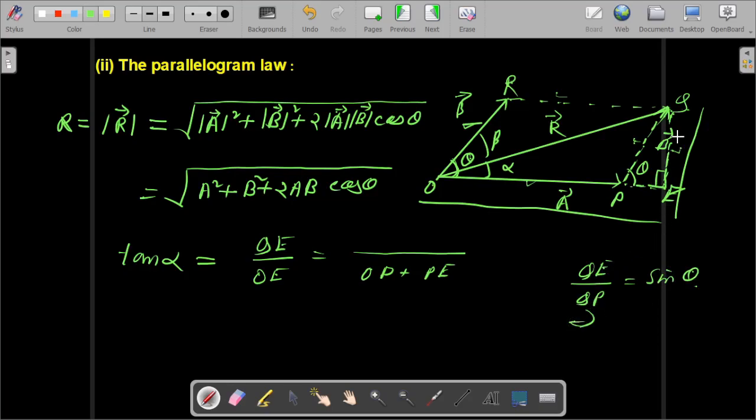QP is the B vector, so this will be multiplied by sin theta. It will simply be B sin theta.